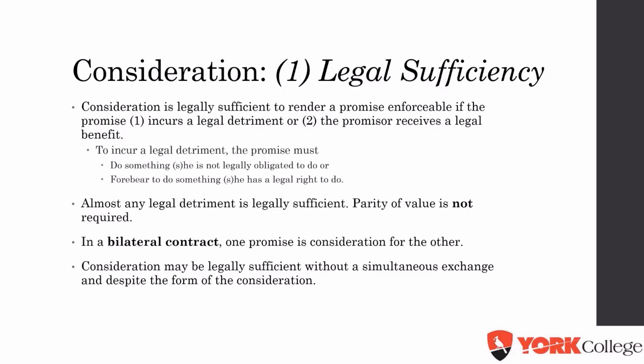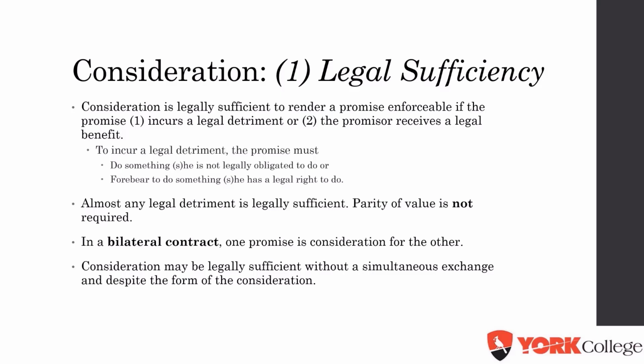In the previous example, Amanda is not obligated through a law or legally to actually allow Bob to stay in her lodging in September. But because she promised she will allow him, she is incurring a legal detriment. She's doing something that she's not legally obligated to do.